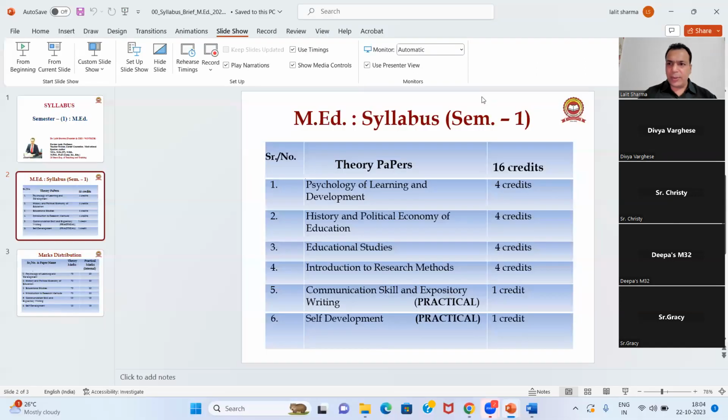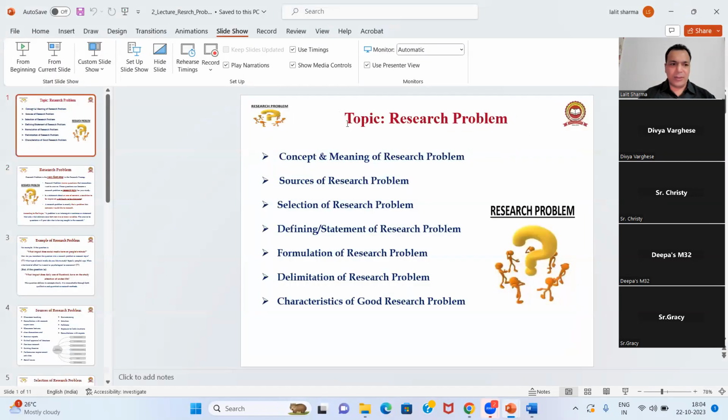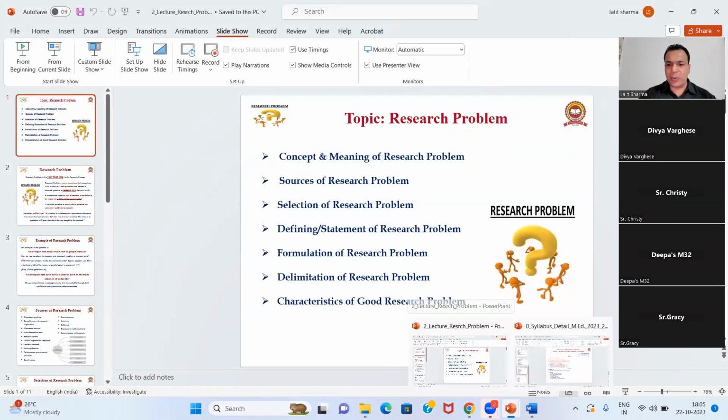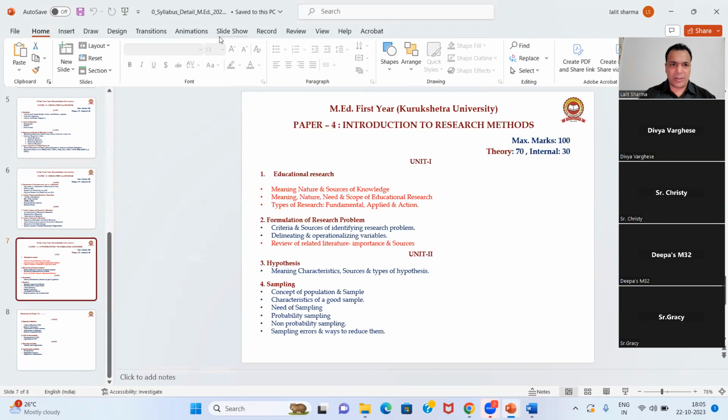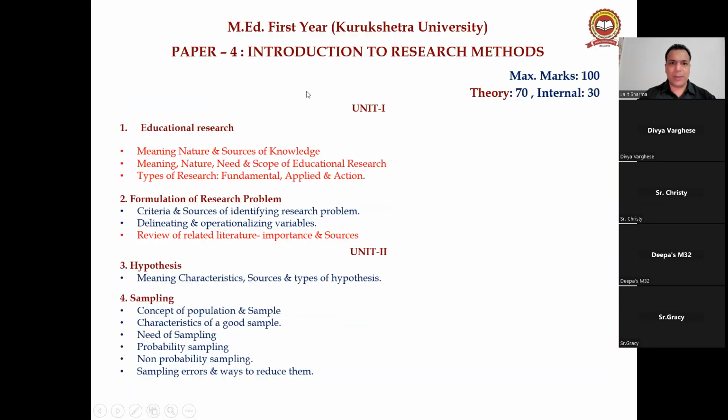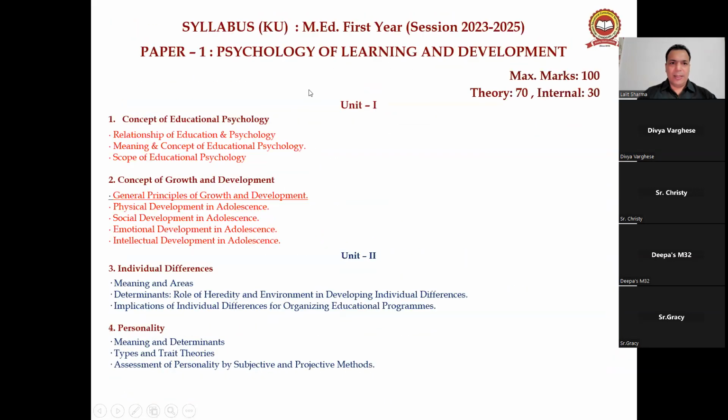So I open a second slide so that you will come to know in detail what we are discussing. So this is your syllabus, right? Psychology of learning and development. You can see whatever I have put in red and underlined, this we have covered in the previous classes.